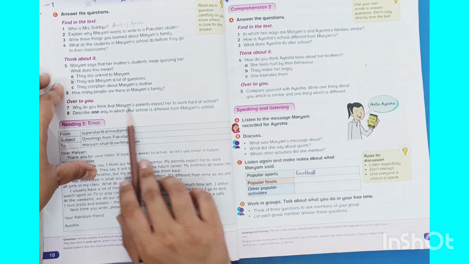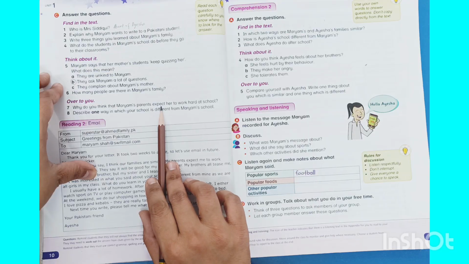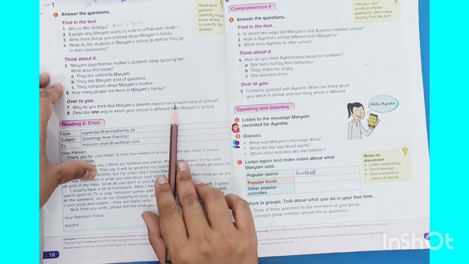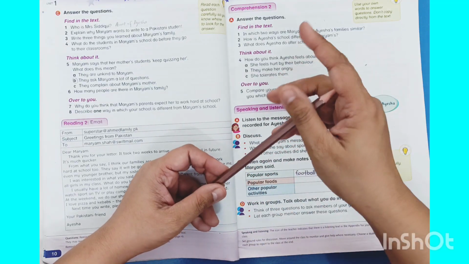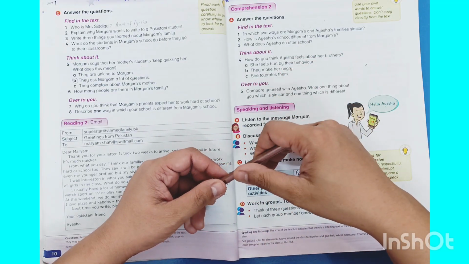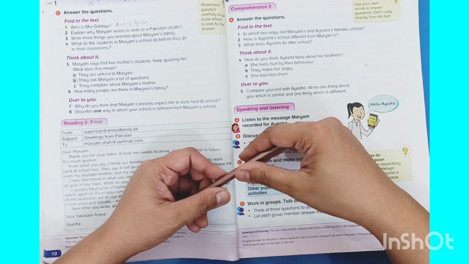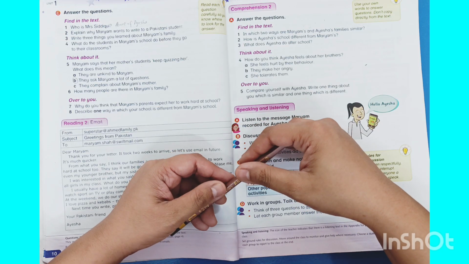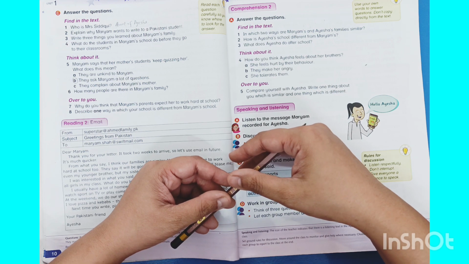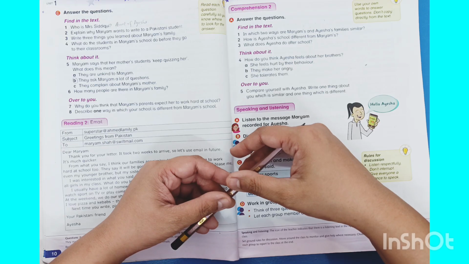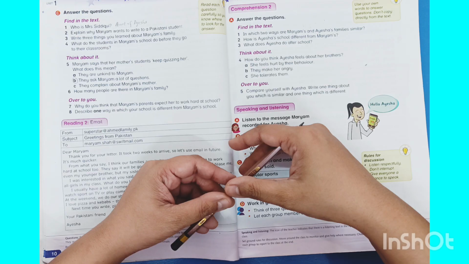Why do you think that Mariam's parents expect her to work hard at school? It might be possible that they want her to work hard because she is the child of parents whose father is a doctor and the mother is a teacher.